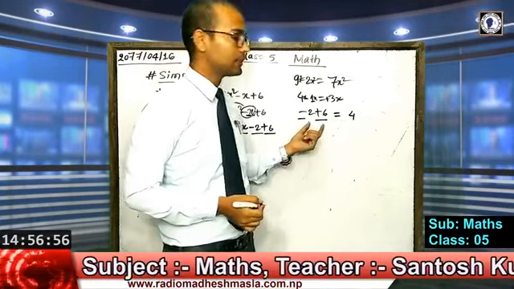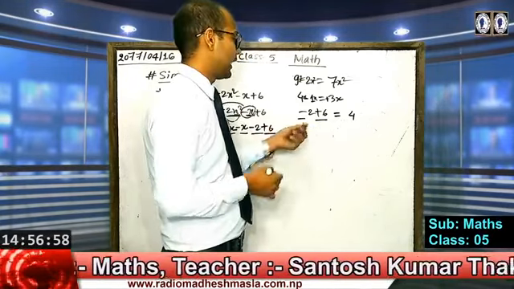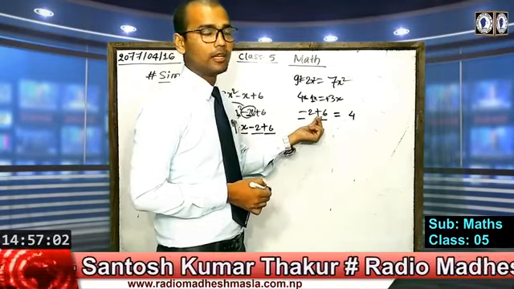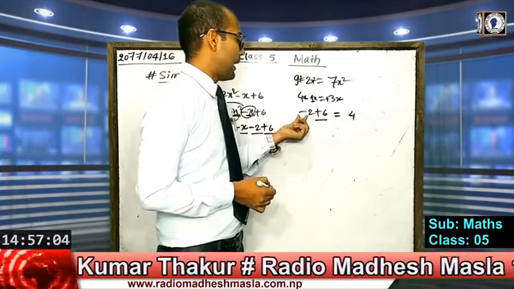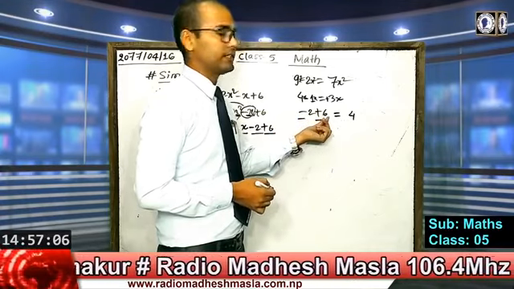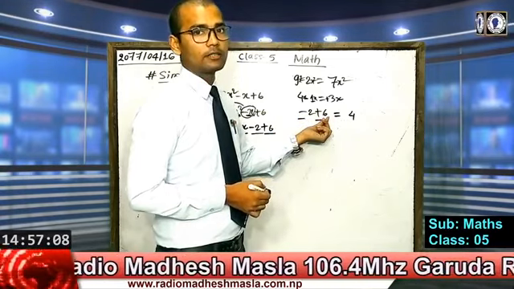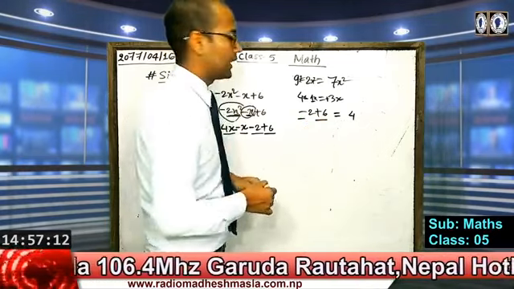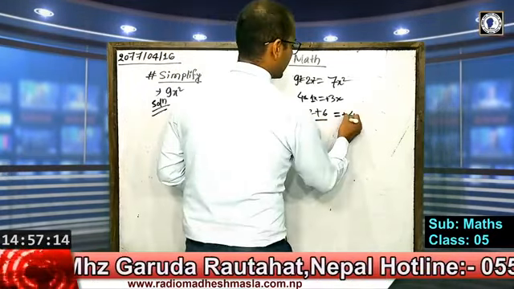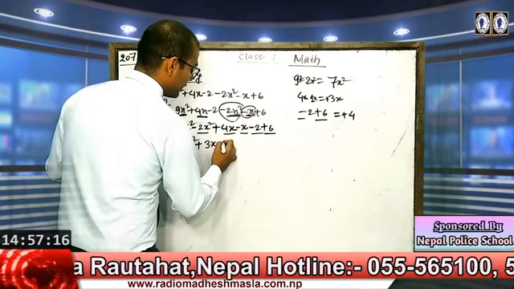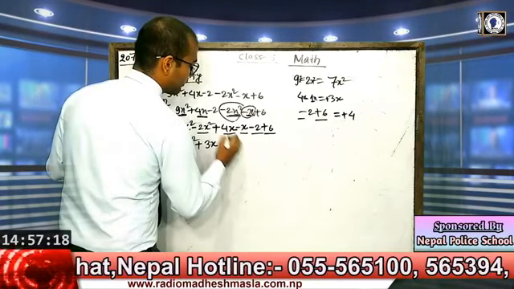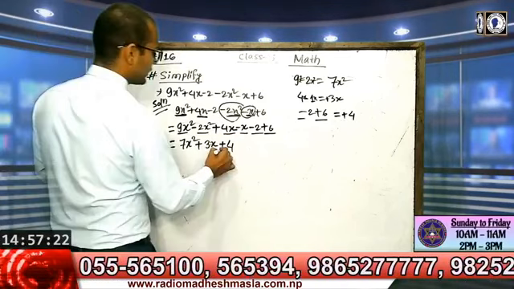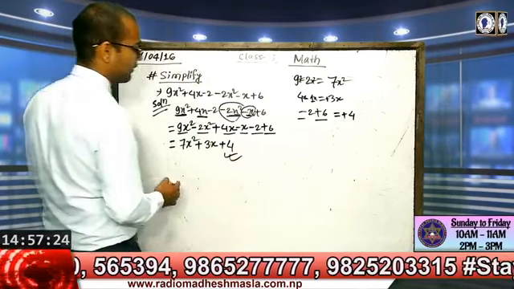Minus has 2 and plus has 6, so plus has the greater number, 6. So we can put a plus sign here. Our answer is plus 4. Students, we can solve our questions in this way, and this is our answer.